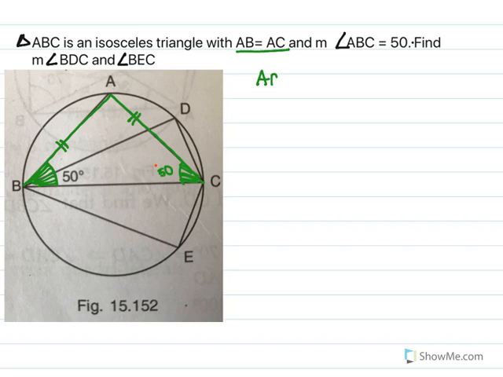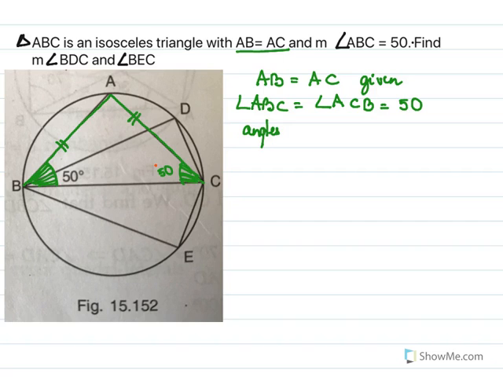So we have AB equal to AC, and this is given. Therefore angle ABC, let me mark that angle, ABC will be equal to ACB, which is equal to 50. So angles opposite equal sides.